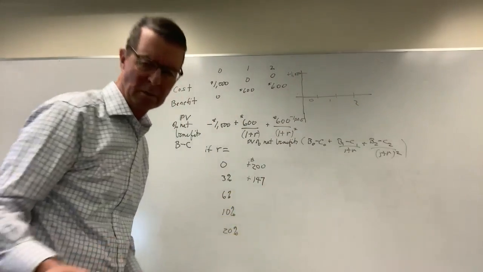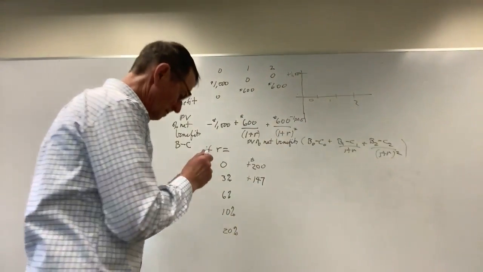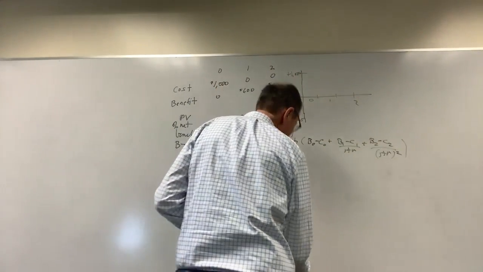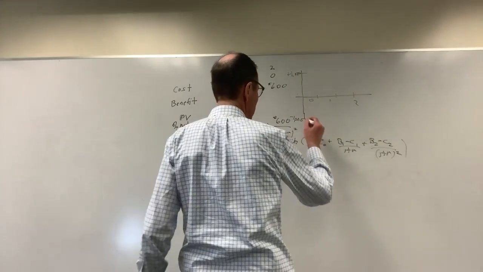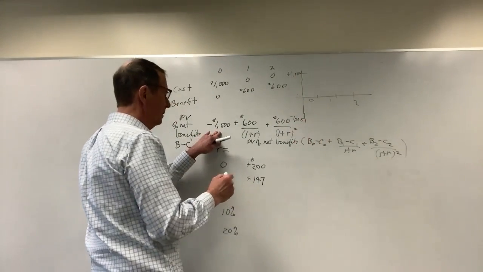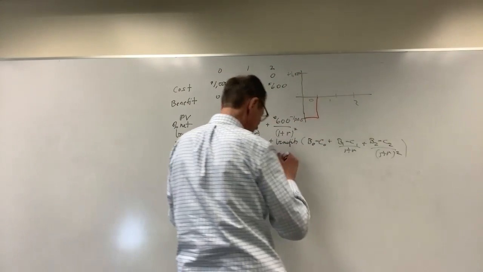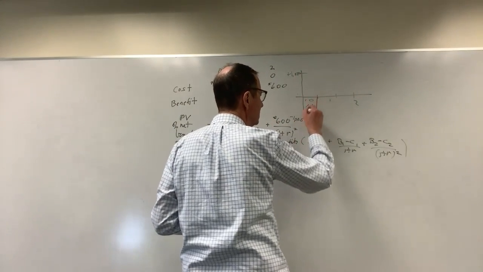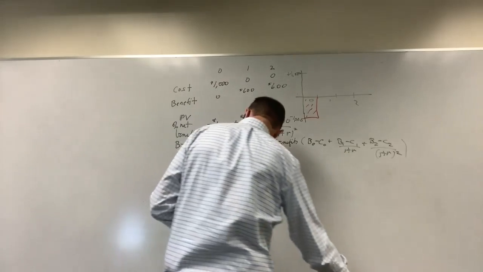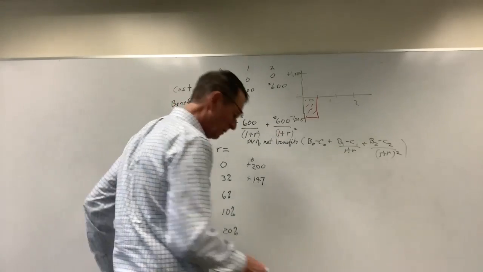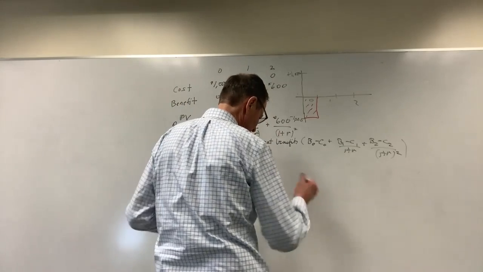So we know that in the first period, we've got $1,000 of cost. And then I wish I had green. I think this works very well.